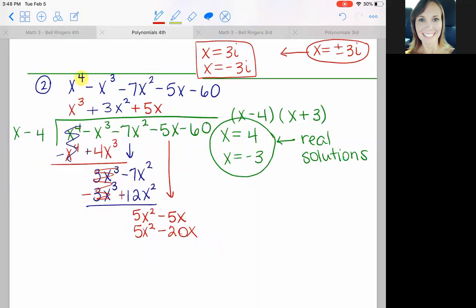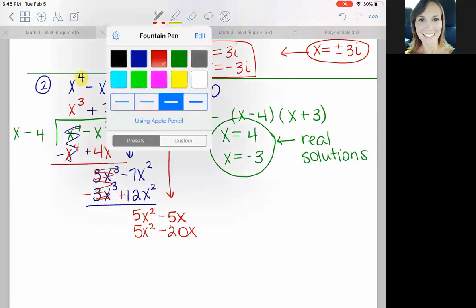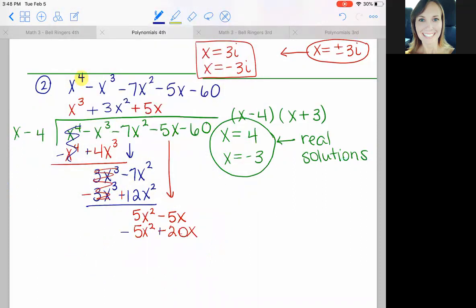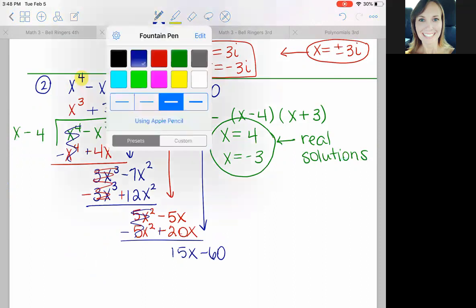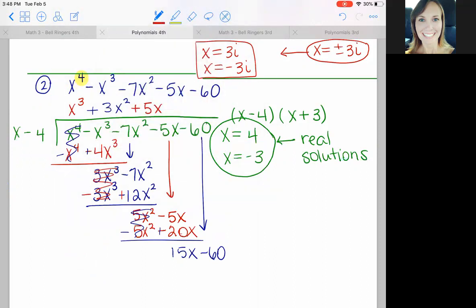So then here, I have to change my signs. These go away, and I have positive 15x, and I bring down the -60x, -60, no x. So then I have x times something is 15x, so that is going to be 15.